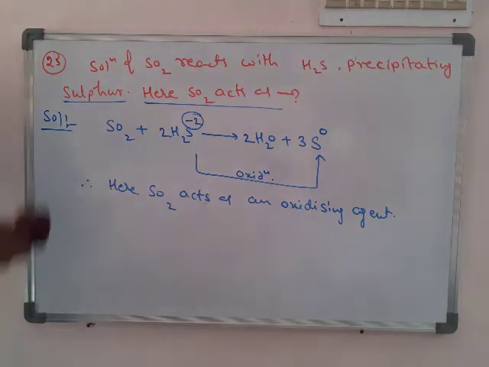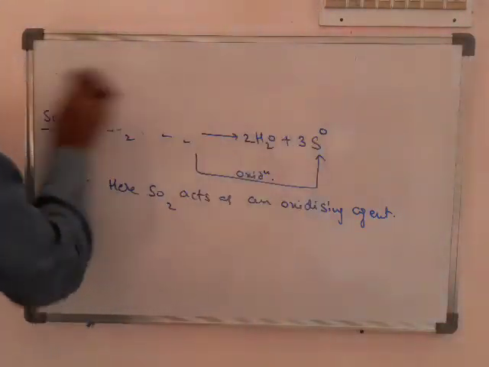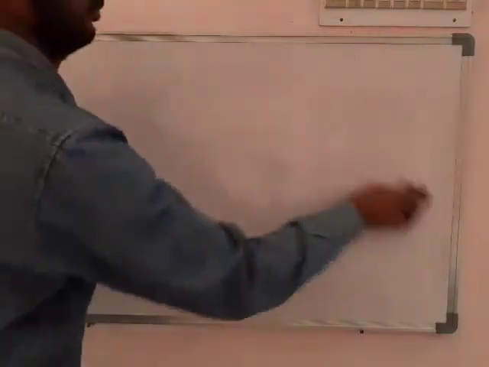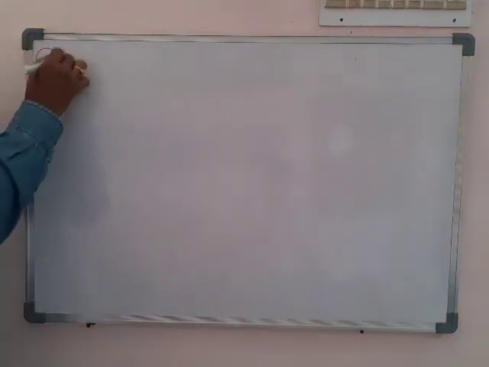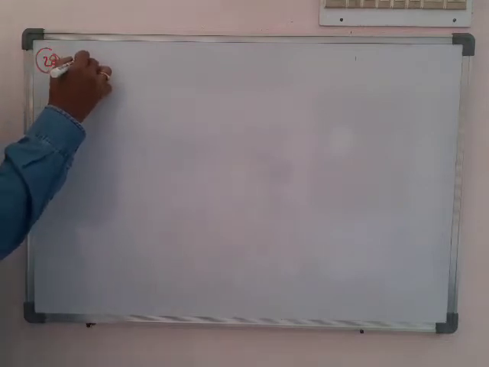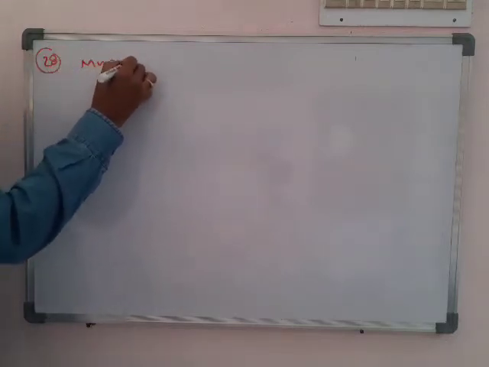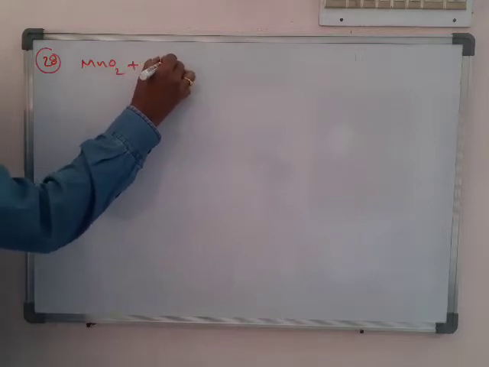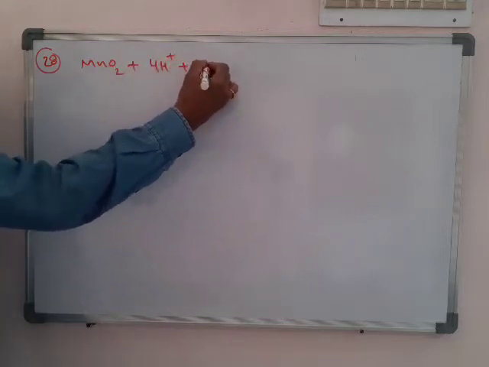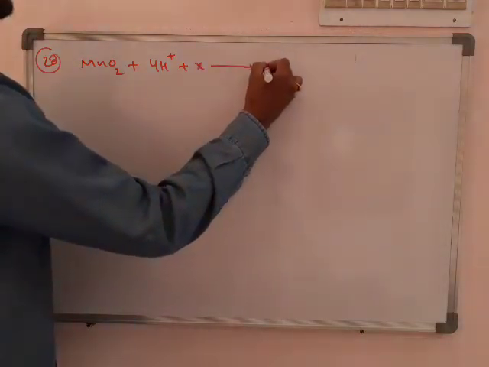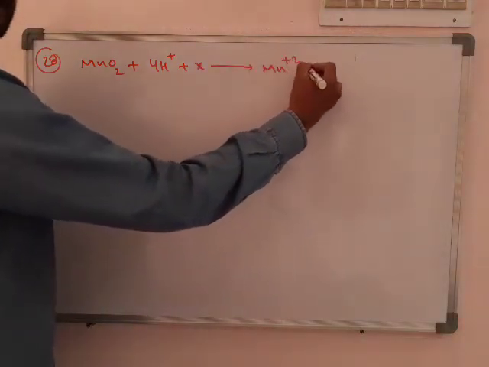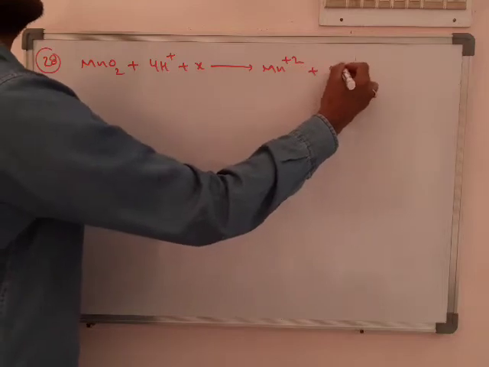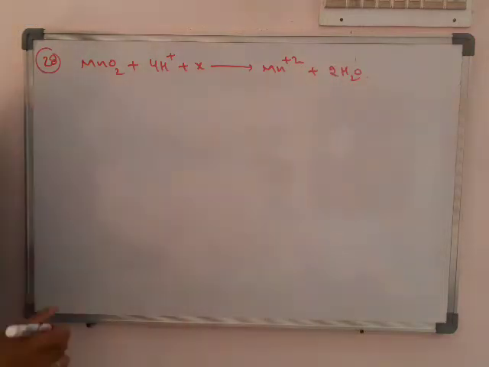See one more question. Question number 28 is MnO2 + 4H+ + Xe- gives Mn2+ + 2H2O.